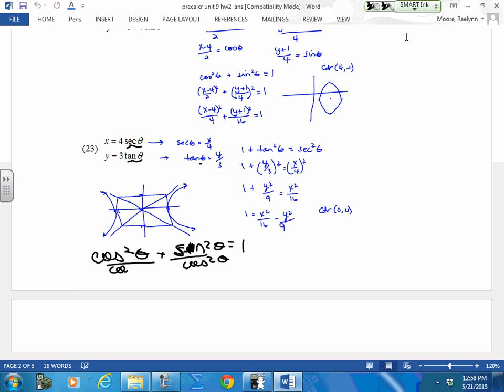If I divide everybody by cosine squared, I get 1 plus tangent squared equals secant squared. And that's the identity I want to use. So you just plug in your pieces again, square them, and obviously it has to be equal to 1 when you do a hyperbola or an ellipse. So move this guy over, subtract it from the other side. And didn't your x come first? Because it came off your x-axis.